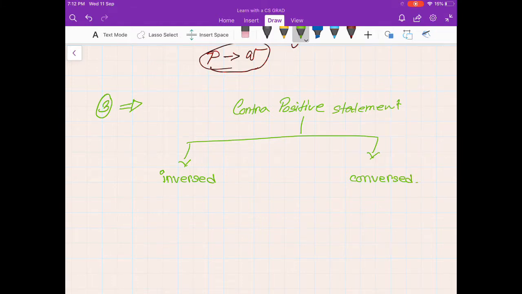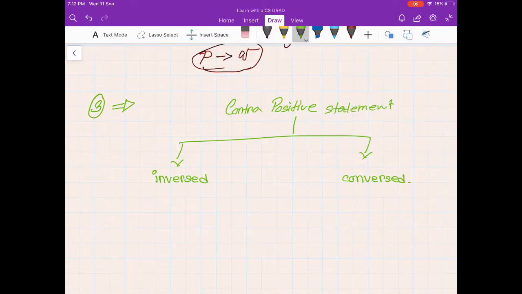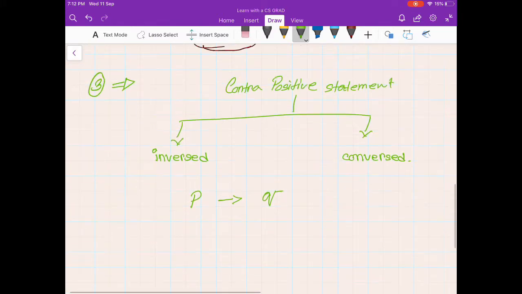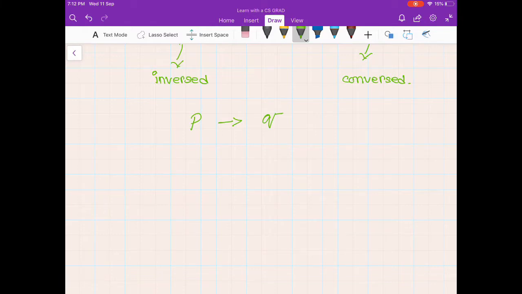So what do I mean by that? Let's assume we have a statement P again and another one Q. So P implies Q. What would be the contrapositive statement?